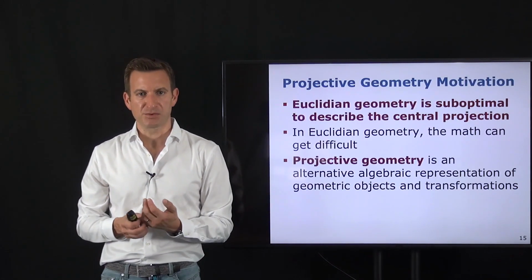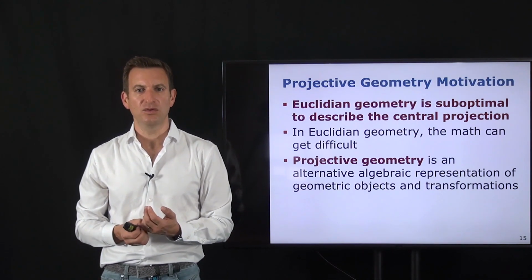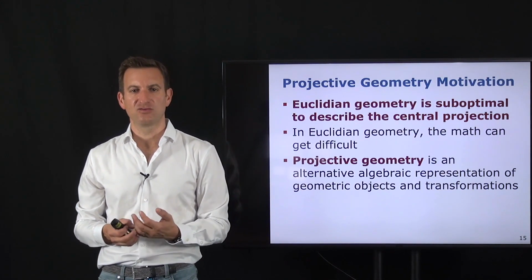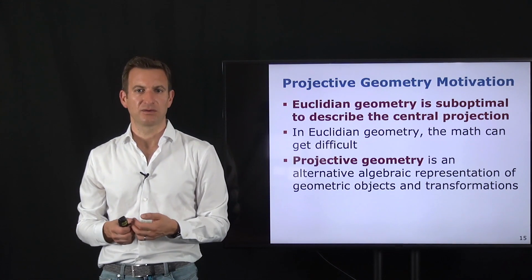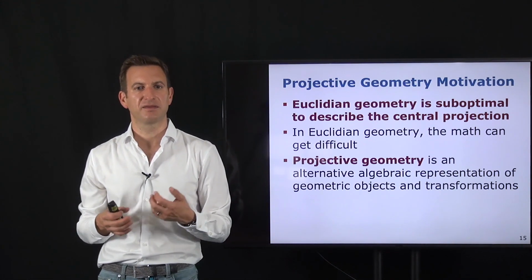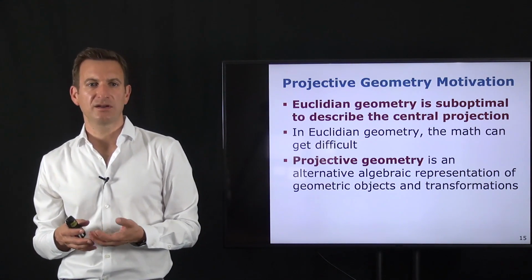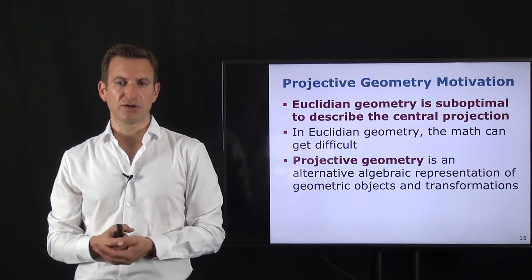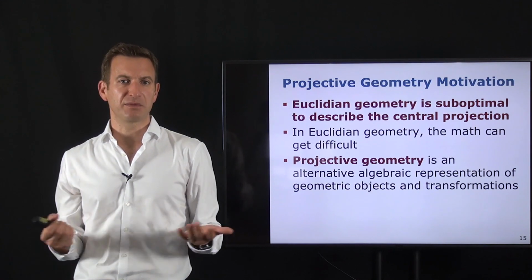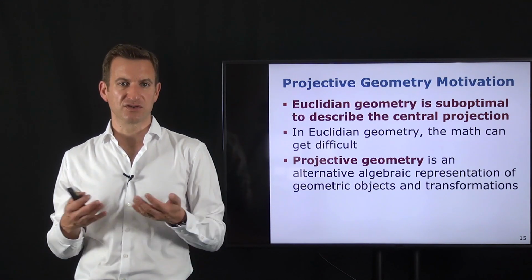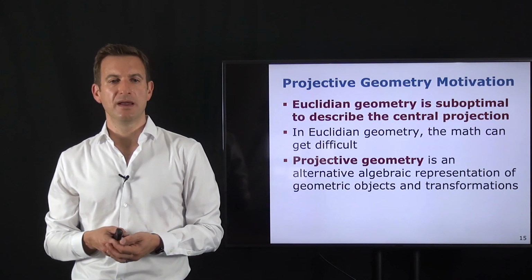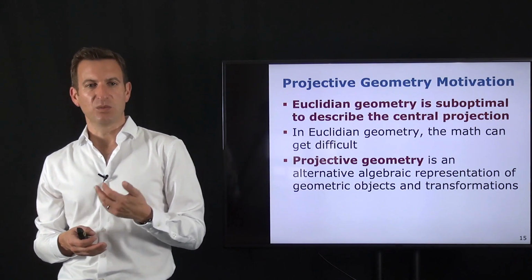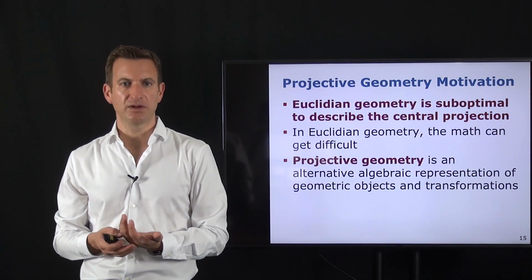It's important to say that the projective geometry that we are looking into is just a different way of representing our space. And it's motivated by the fact that certain things cannot be expressed that elegantly in Euclidean geometry, for example this central projection, so what happens in the pinhole camera model. That doesn't mean we can't express it in general in the Euclidean space.